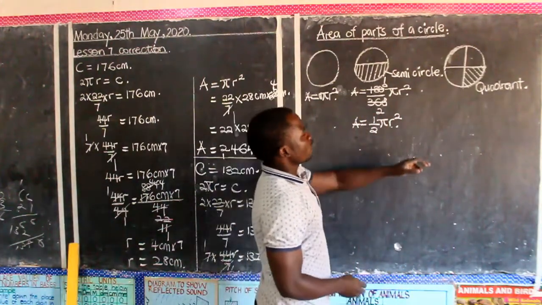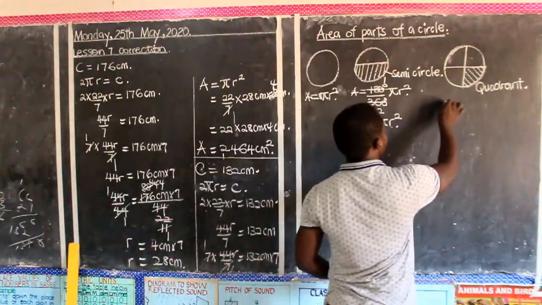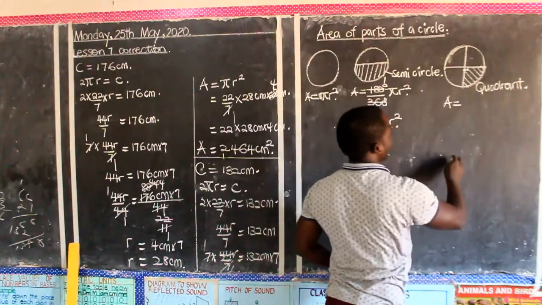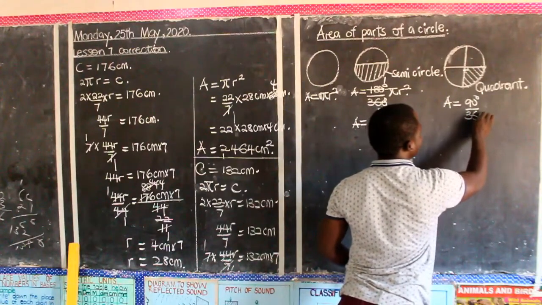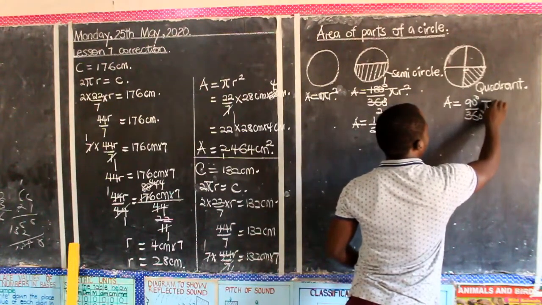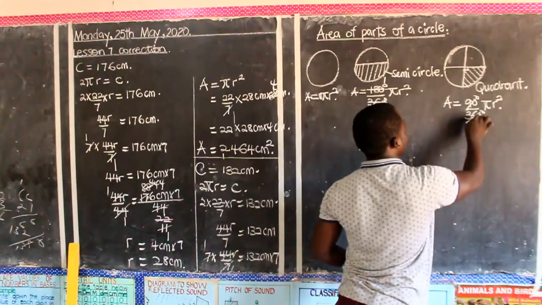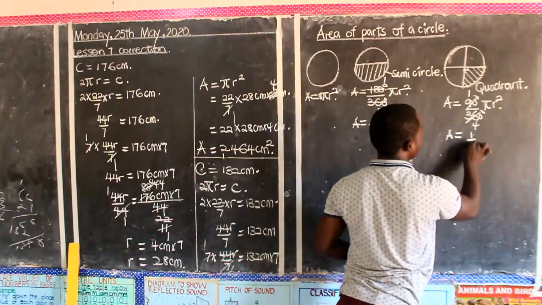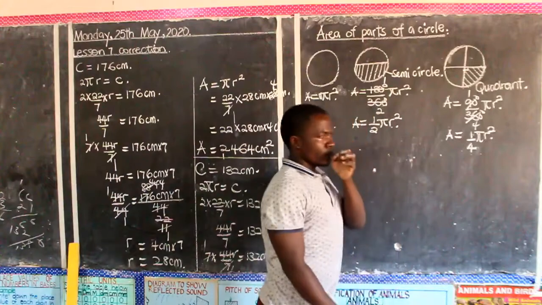Okay, and how do we get the area of this shaded part? We say the area of this shaded part, which is a quadrant, is equal to, look at this angle, 90 degrees out of 360 degrees pi r squared. When you simplify, we get the area of a quadrant equal to a quarter pi r squared.